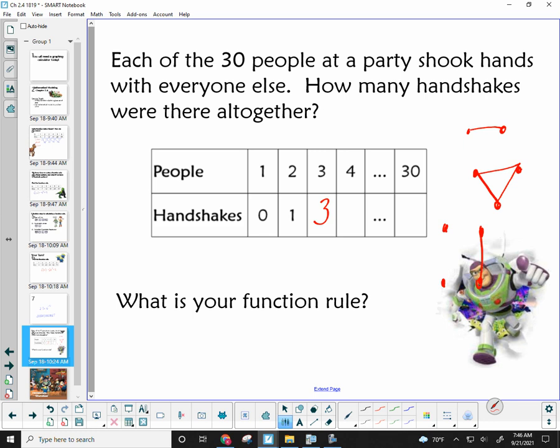I would need 1, 2, 3, 4, 5, 6 handshakes. All right, so use this data here, write your function rule, and then determine if there were 30 people at the party, how many handshakes would happen.